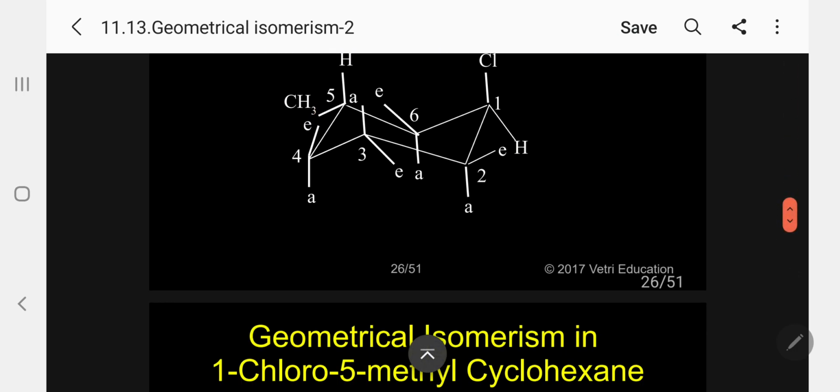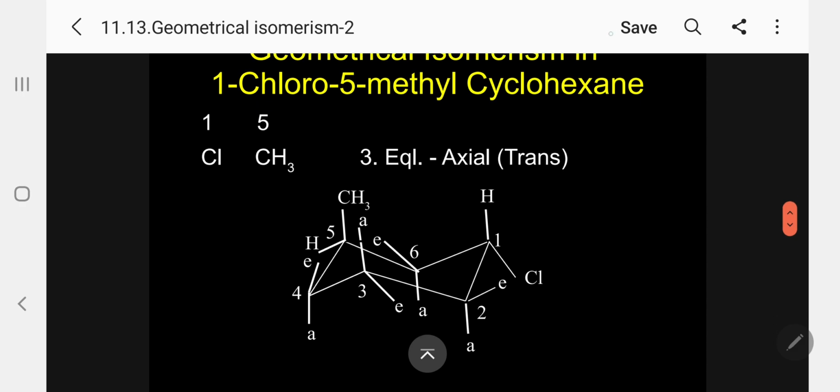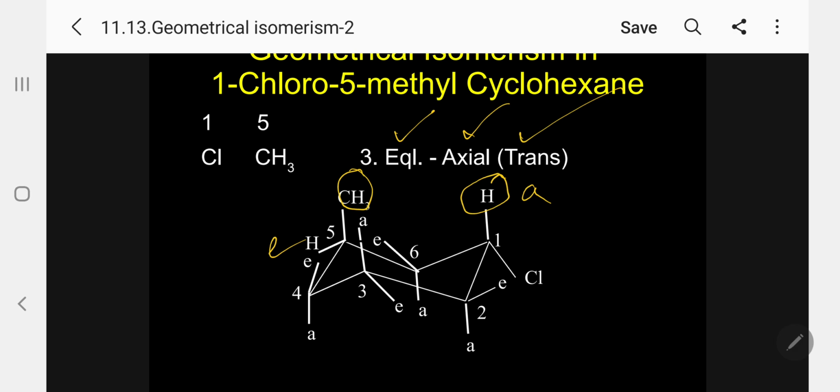Kindly follow. The third example: first carbon chlorine equatorial and the 5th axial, equatorial and axial. So we are considering hydrogen axial on the first and hydrogen equatorial on the 5th carbon. Opposite, so trans.